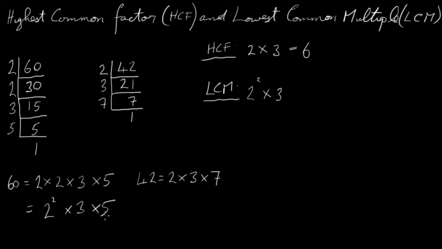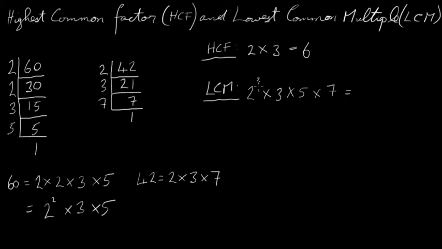Now you must include all numbers when we're talking about multiples. So we're going to include the 5. We're going to multiply by 5. And we also have a 7 here. We're going to include the 7. So we've got to multiply by 7 as well. So you've got to multiply all those out.